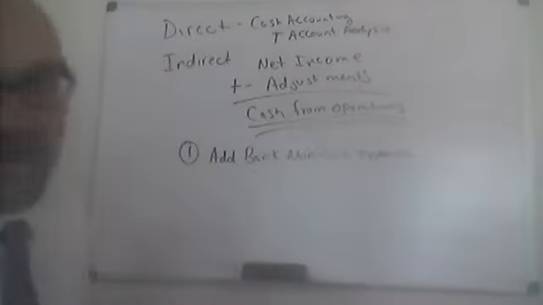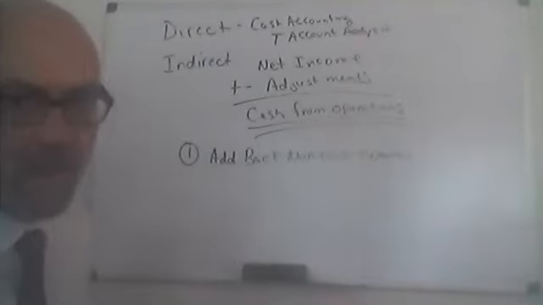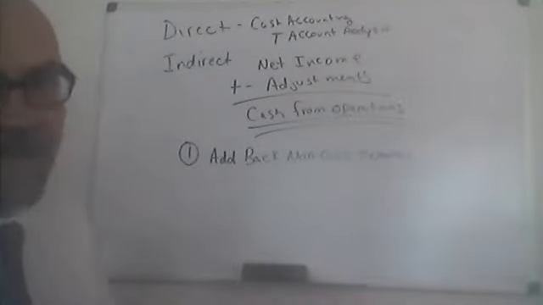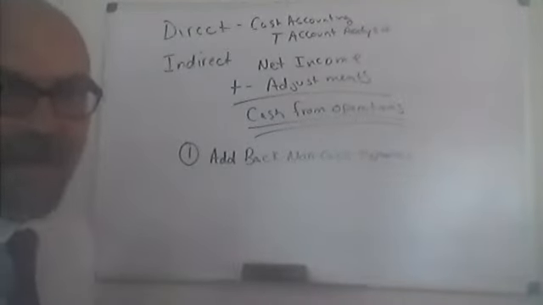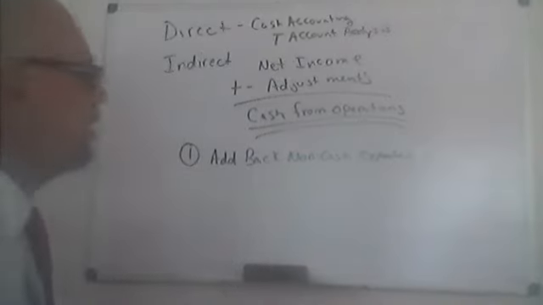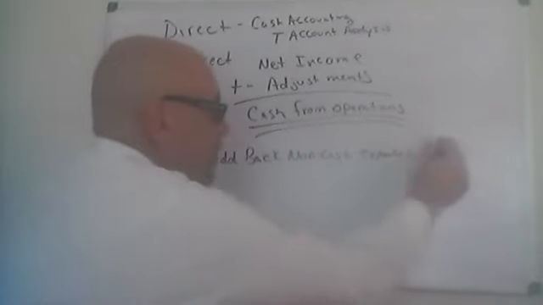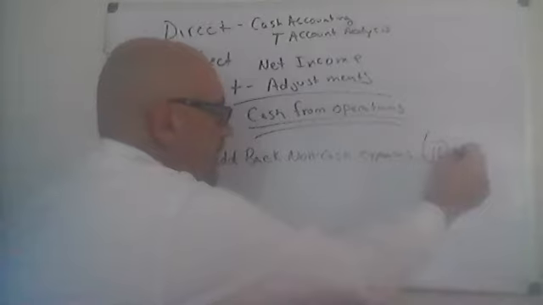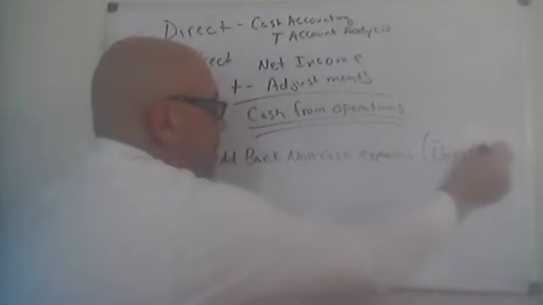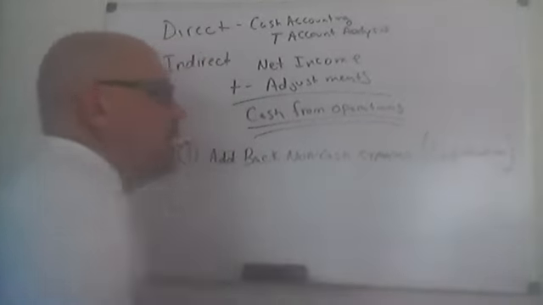Because we are taking our net income and we are going to try to relate it to how much cash was changed. Well, we know we have one major non-cash expense that usually comes out every period, and that is depreciation.